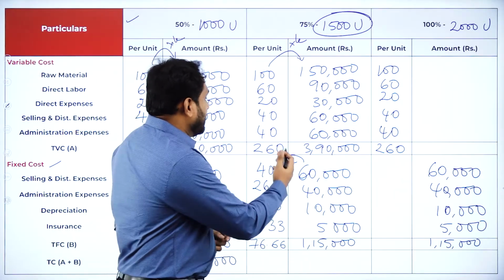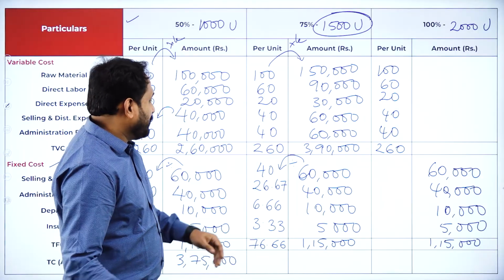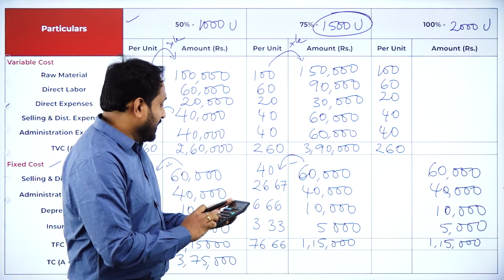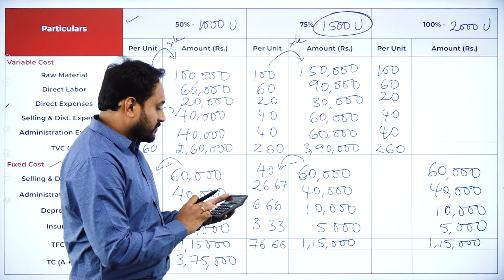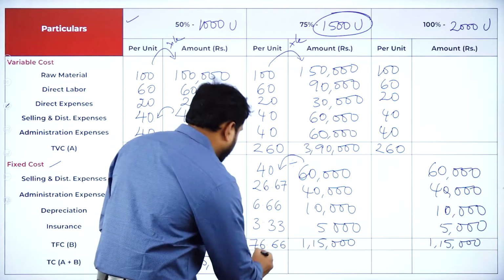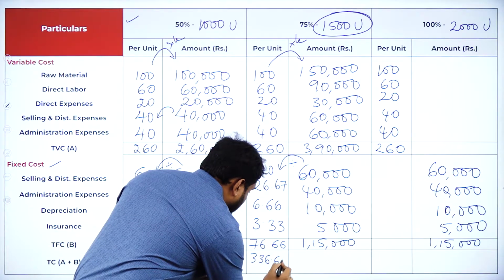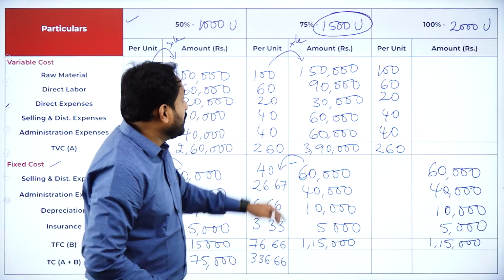Now let's go with the next one here. 260 plus 76.66 we are supposed to do. That is 260 plus 76.66. We got 336.66. Now I don't want you people to calculate like this into 1,500.